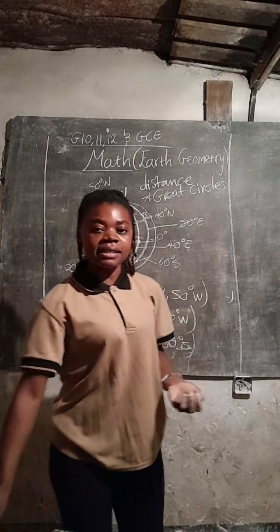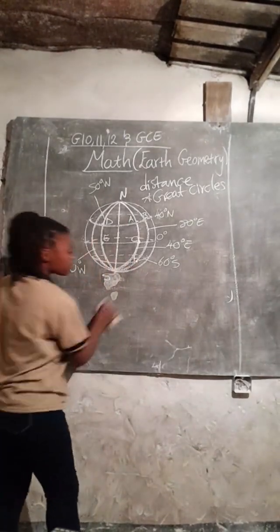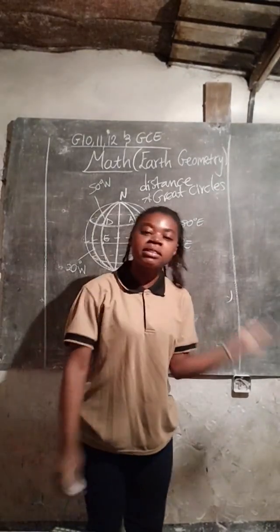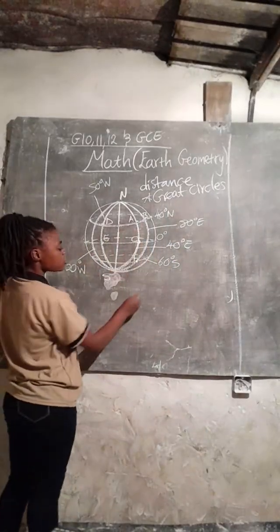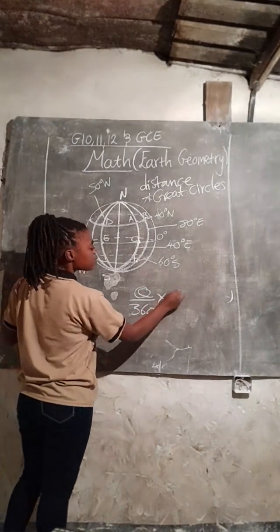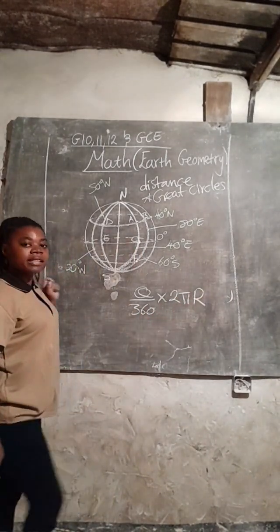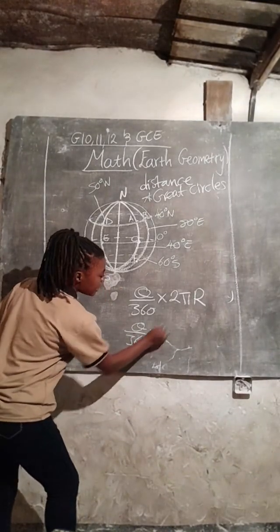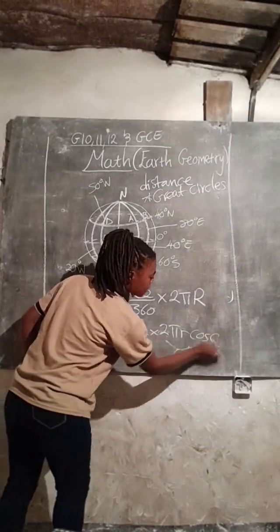So now, when you're looking at points that are sitting on the same longitude, which we call a great circle, the formula that we're going to be using is simply, remember for geometry, they don't give you the formula. It's not like trigonometry. So the formula that you're going to use is simply theta over 360 times 2 pi capital letter R for great circles. I know for small circles it will be theta over 360 times 2 pi, the small letter r, and cos theta.